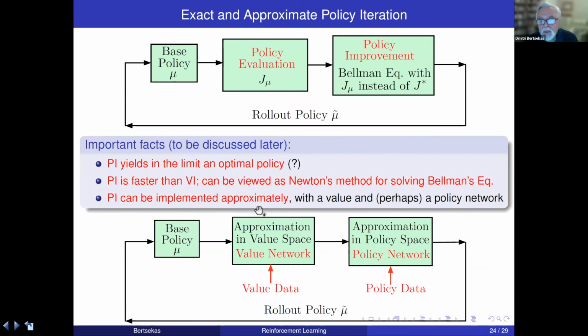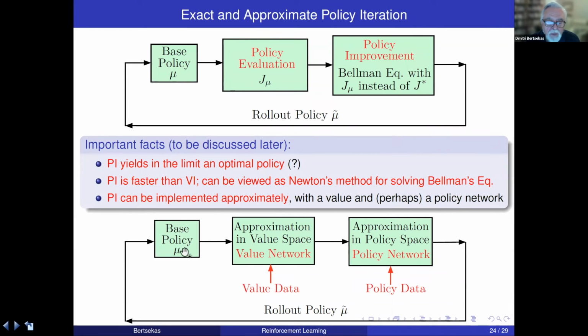Now, for approximate implementation, you can approximate these calculations here, obtain this function here and this policy approximately by using data and some approximation architecture like a neural network.